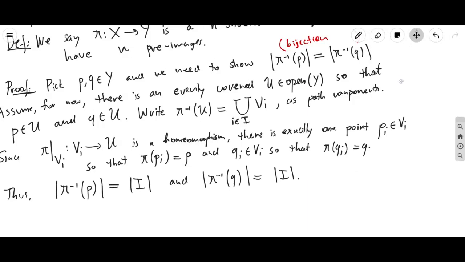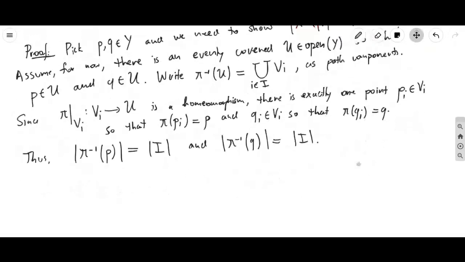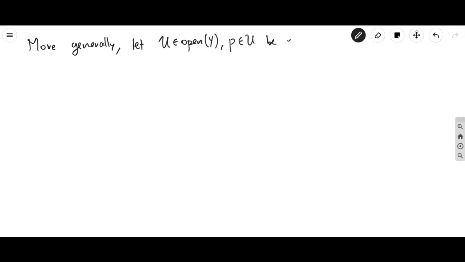But of course, what if this assumption is not true? What if these come from, well, you see, we're assuming you can find a single open set that evenly covers both of them. Now, more generally, so now let's be a little bit more general. Let U, an open set in Y that contains P, be evenly covered.